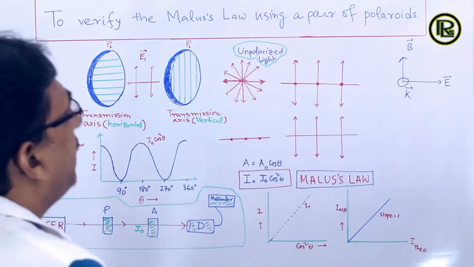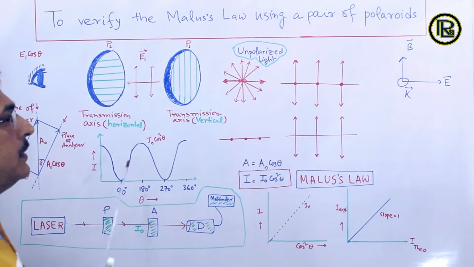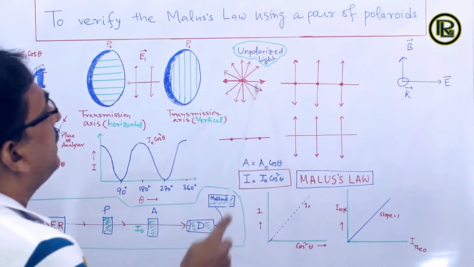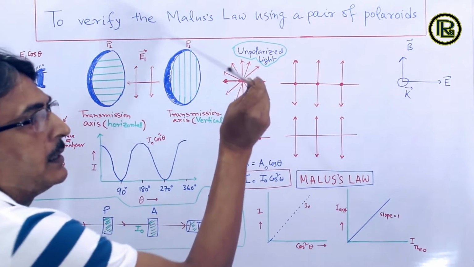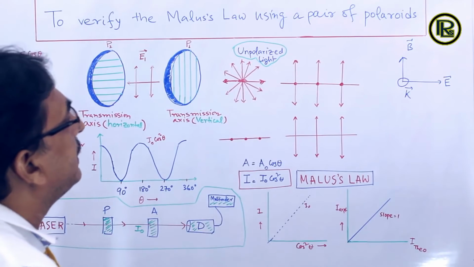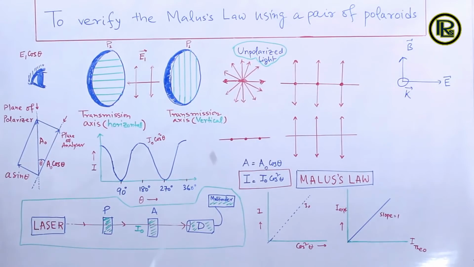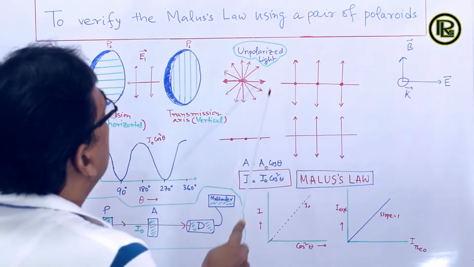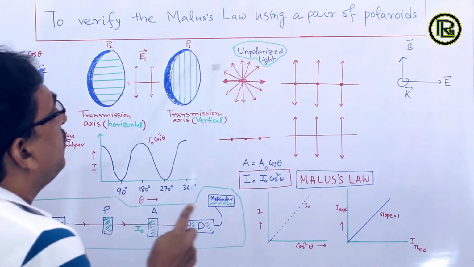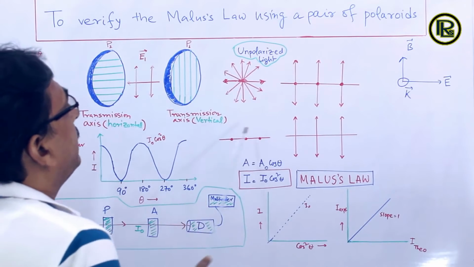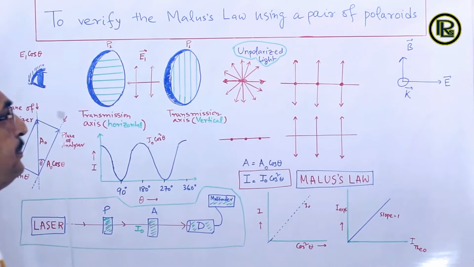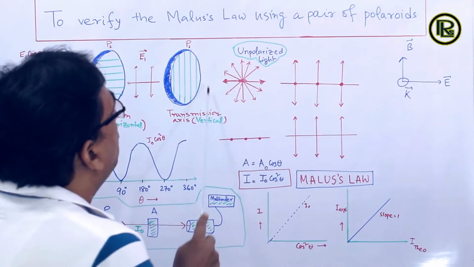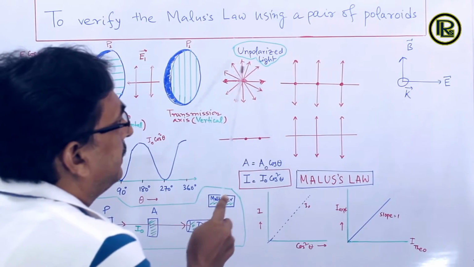So this is the schematic of unpolarized light, where the electric field is rapidly oscillating or vibrating when the propagation is along this direction. And this vibration has equal probability in all the directions, having the same amplitude. And this is called the unpolarized light.